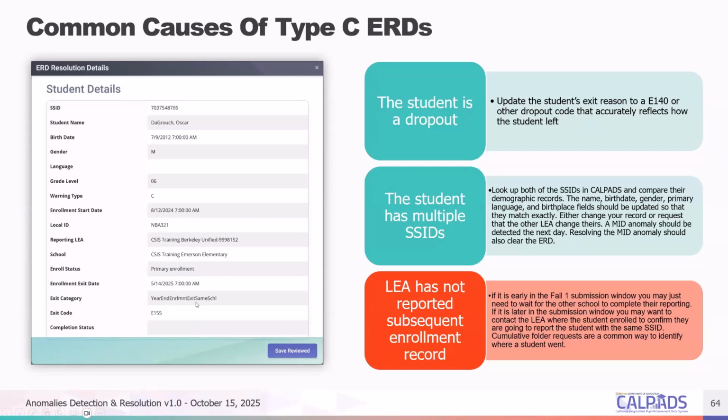That way you have a subsequent active enrollment after this exit record. Or again, if you unintentionally hijacked an SSID, picked up the wrong student's SSID, you just have to remove your enrollment and subsequent information and create your own SSID.